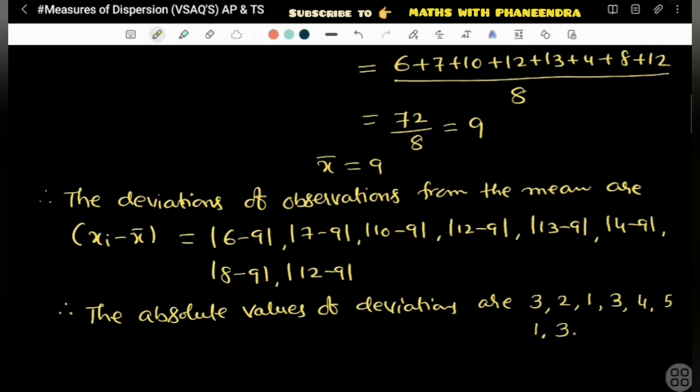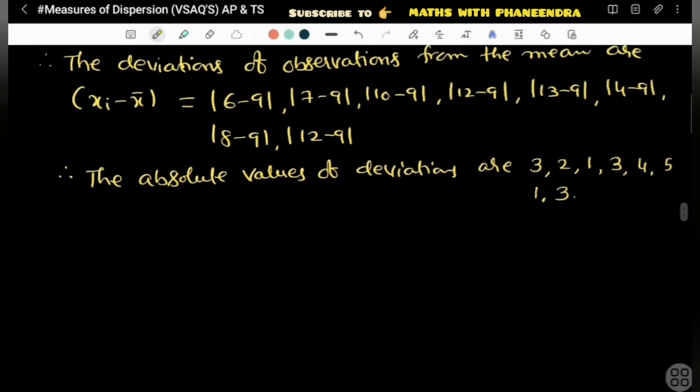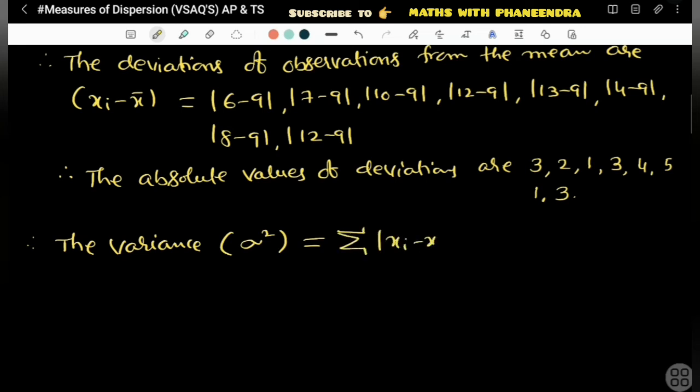So for this, they are asking variance. What is the variance formula? This is a different formula. The variance of the given data, denoted by sigma square, is equal to sigma mod xi minus x bar whole square by n.